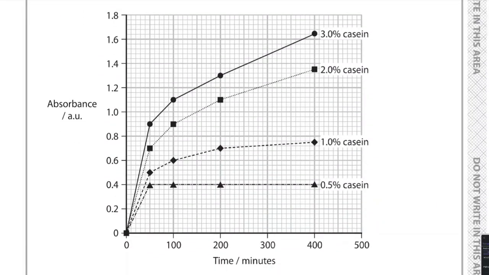We have used different concentrations of casein of 3%, 2%, 1%, and 0.5%. All these concentrations show me a different absorbance of the blue color.